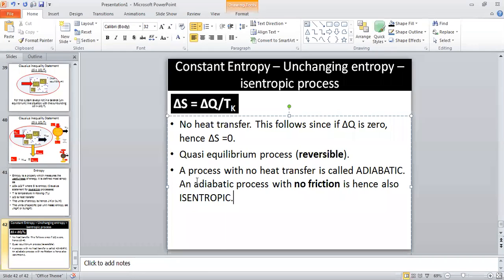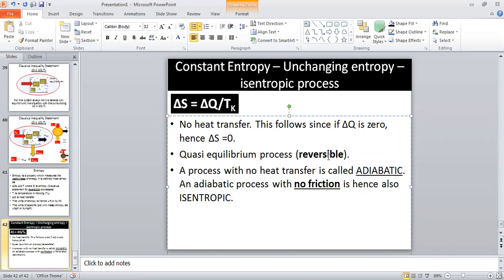So no friction is one condition, and no heat transfer is the other. So it is reversible adiabatic: no friction, no heat transfer.